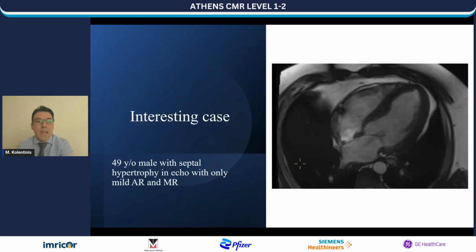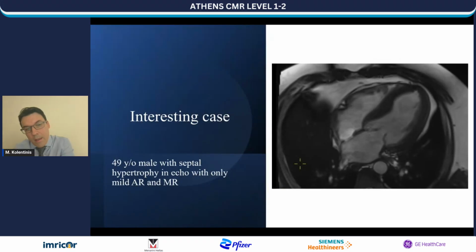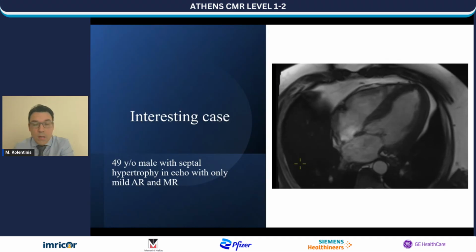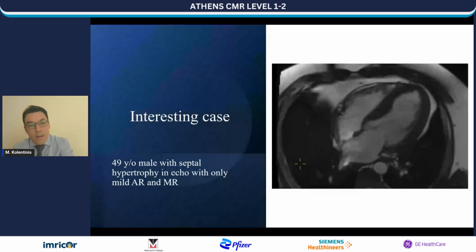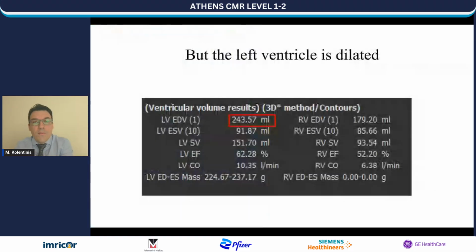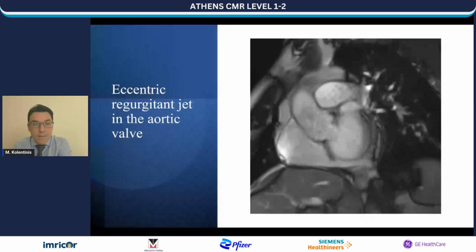This is an interesting case. This is a male with septal hypertrophy in echo, and the echo says that he has only mild aortic and mitral regurgitation. But when the left ventricle volumes are calculated, it seems that it is dilated.